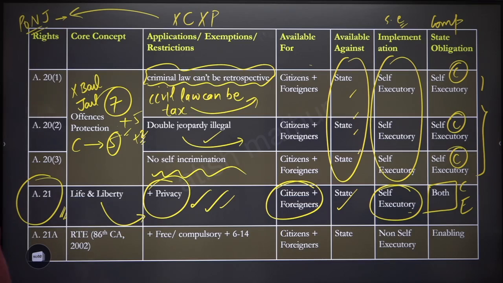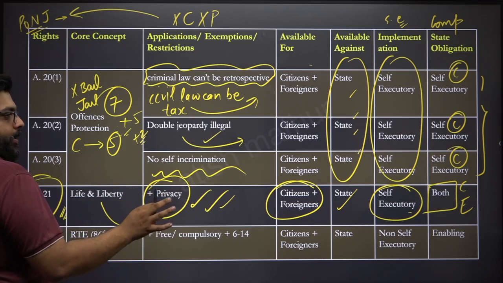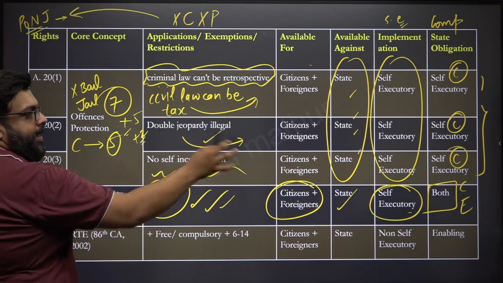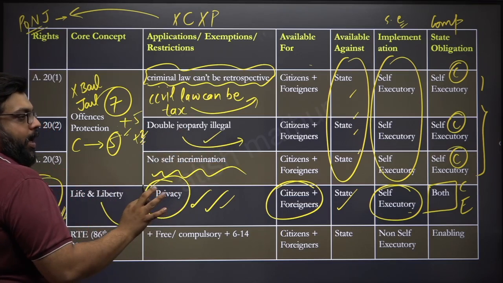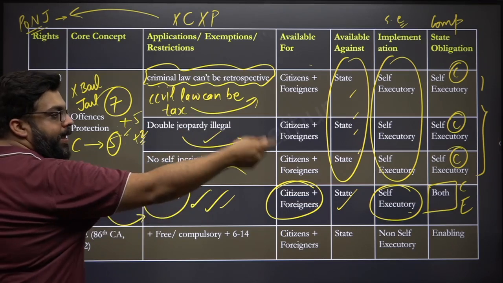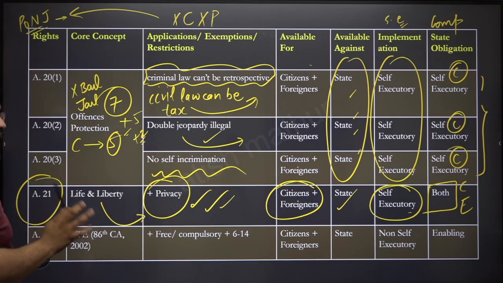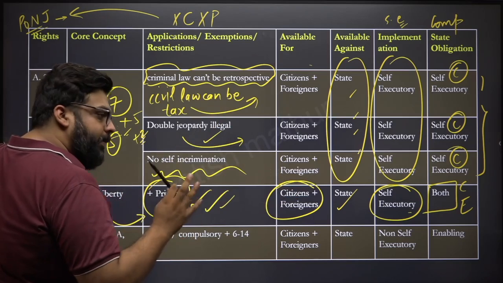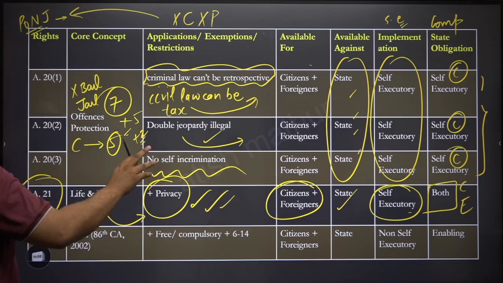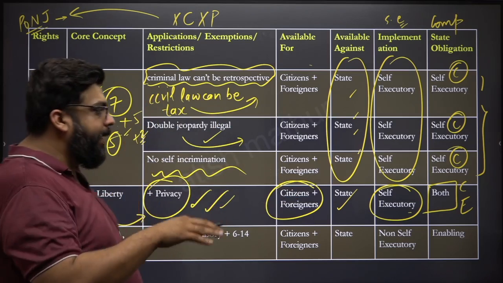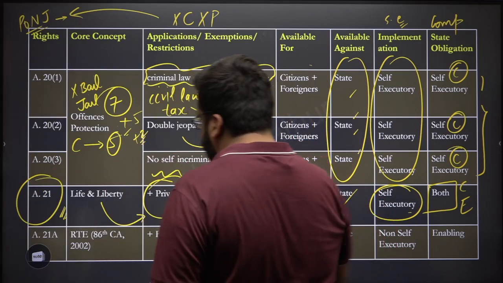Right? Now, which means everybody has the right to life and liberty unless the government makes a law which restricts your life and liberty. And that has to be a reasonable law, right? So that is why it has elements of both compelling and enabling in nature.